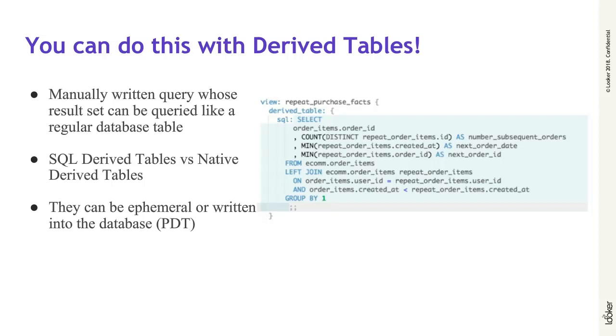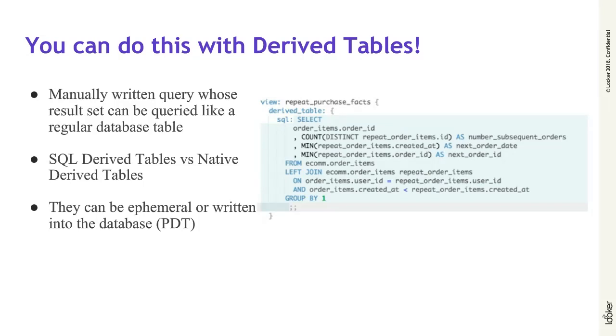So ephemeral derived tables are essentially, depending on what database you're in, the equivalent of either a create temporary table statement in your database, or they could be a CTE if you're in an MPP database.